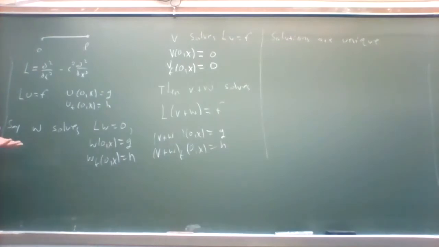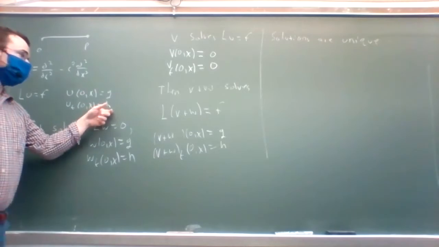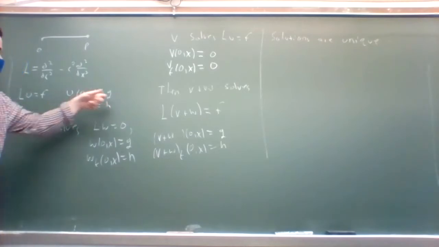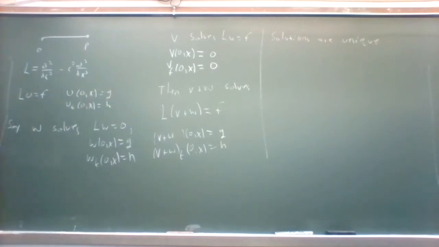For classical solutions, you want this to be a C2 function, this to be a C1 function, and you'd like this to be a continuous function. You can keep track of it: if two derivatives should be continuous, one derivative should be C1, no derivatives should be C2. So you're trying to eventually construct U that's C2.